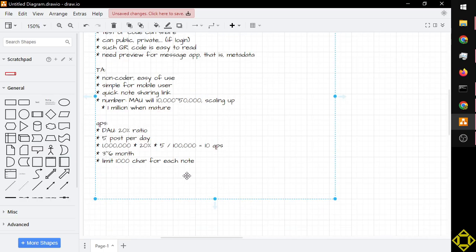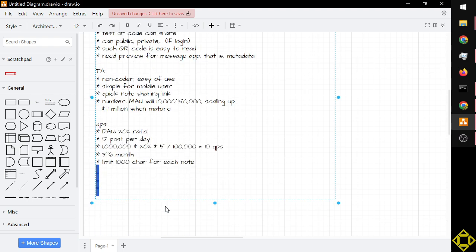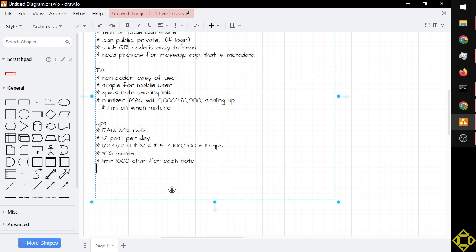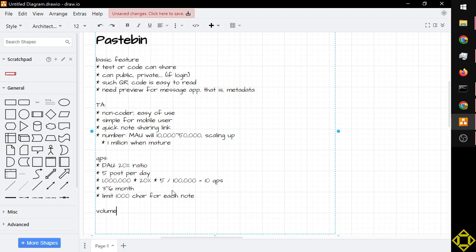So the size will be calculated like this: because we have MAU of 1 million, plus 3 months, 6 months of retention, and plus 5 posts, and for each character, each character will be one byte, so 1K per post.